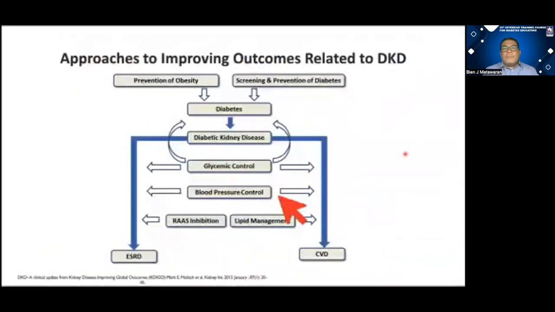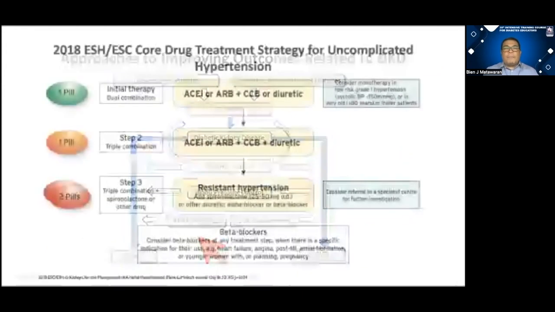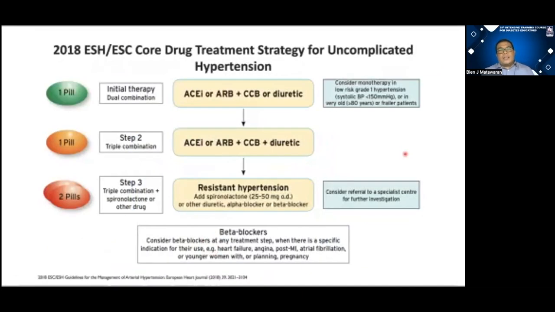So next to glycemic control, of course, is blood pressure control. And the main recommendation for blood pressure control, as you can see in the 2018 ESC and ESH drug treatment strategy for hypertension, particularly in patients with diabetes, is that first-line treatment will be your RAS blockers, either your ACE inhibitor or ARB, plus a calcium channel blocker or a diuretic. So make sure that you start your patients with diabetes with a RAS blocker.